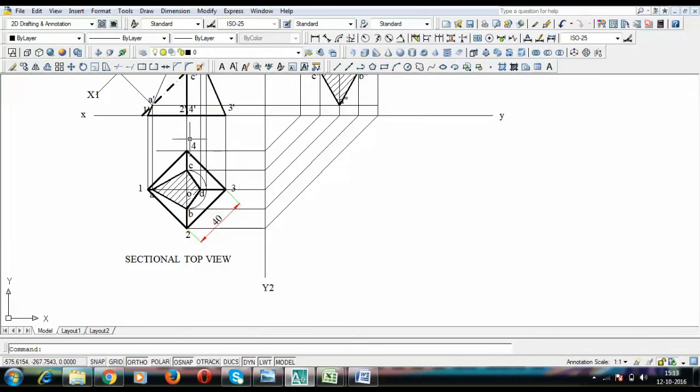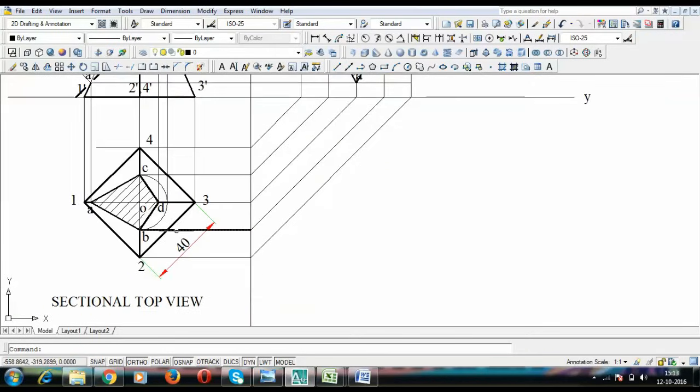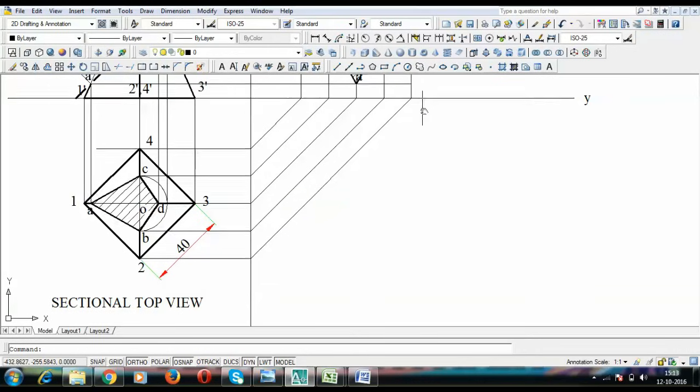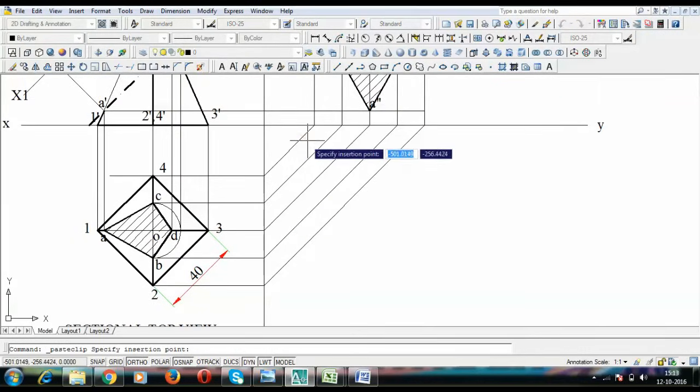So 4, 1 and 2. This is 4 double dash, 1 double dash, and behind 1 we have 3. This single point corresponds to 2 points, one at the front and the other at the back. That is 3 double dash. And finally we have this point as 2 double dash.